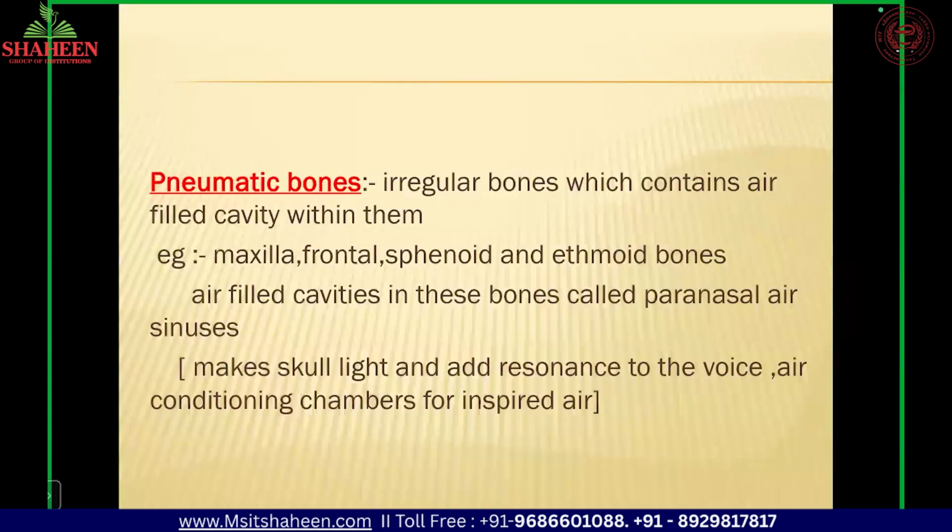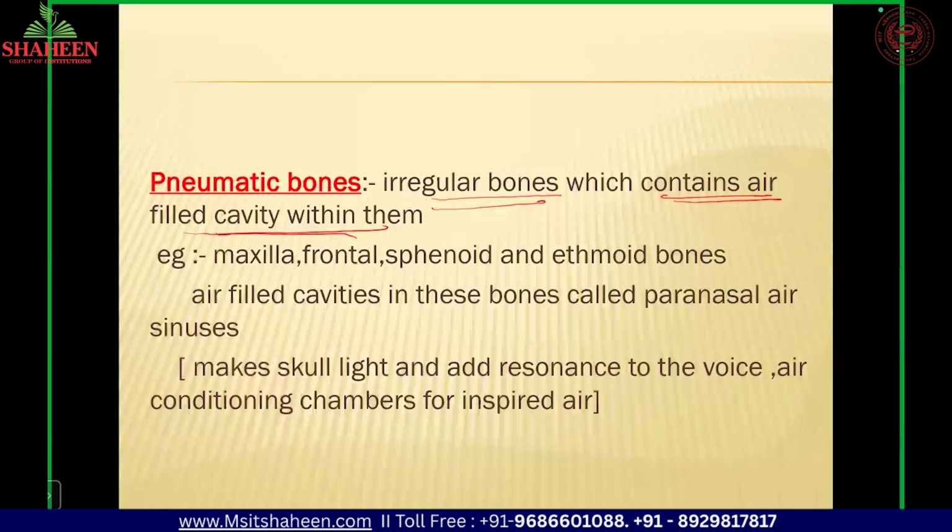Next is the pneumatic bones. They are irregular bones which contain air-filled cavities within them. We already learned these things in the last class, when we spoke about the sinuses.